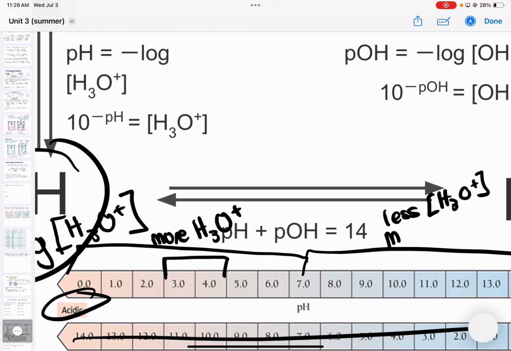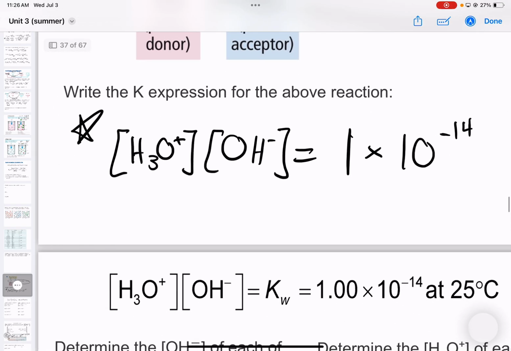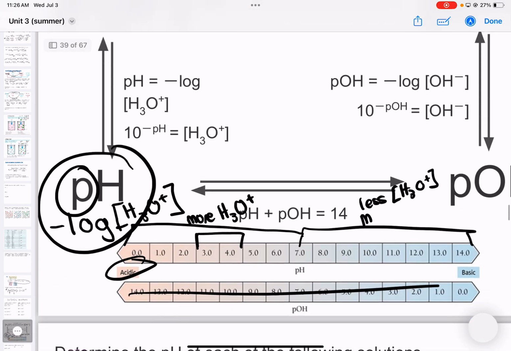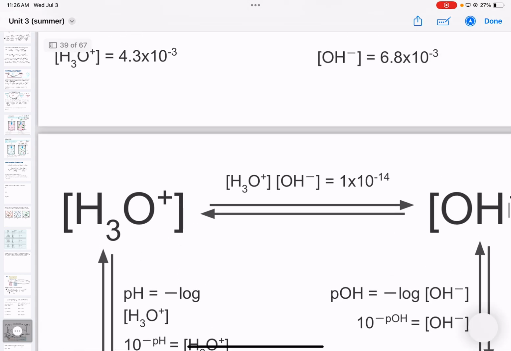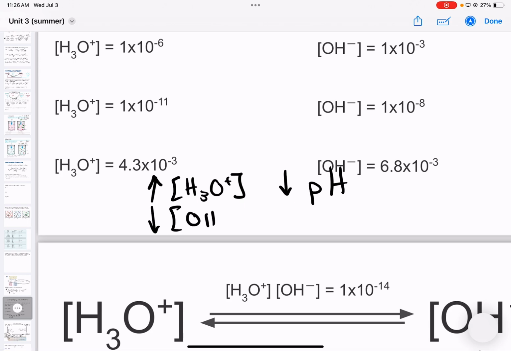The other thing to remember is that this is all tied to the OH minus, right? We said H3O plus times OH minus is 1 times 10 to the negative 14th. So if this goes up, that has to go down. So what that means is that higher H3O pluses will correspond to lower pHs, but that also means that the OH minus is lower.